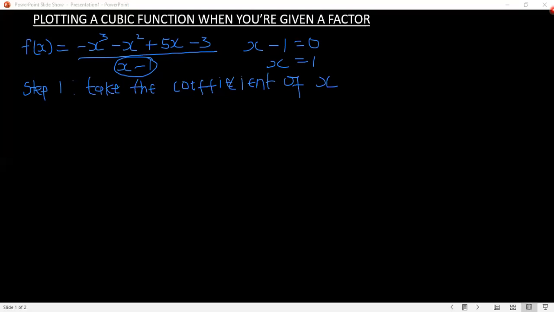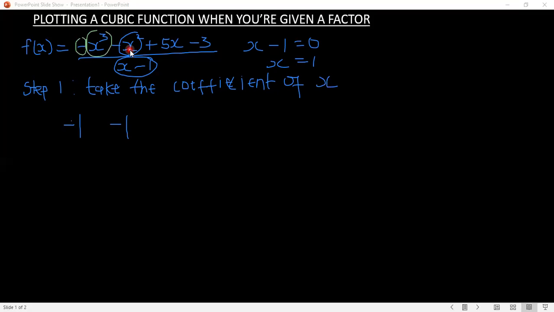So here, as you can see, the coefficient of x here is minus 1. There is minus 1 here. Therefore, let's take minus 1. Here, the coefficient of x is also minus 1. Although we cannot see it, there is minus 1.